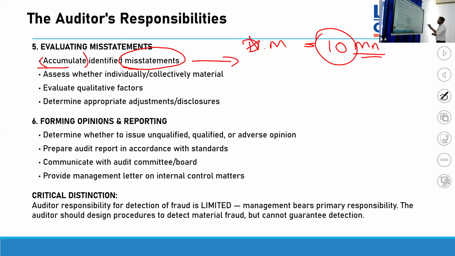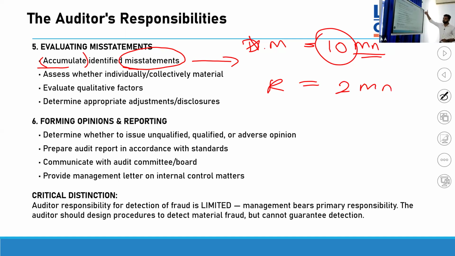So at the time of auditing, you have identified misstatements like this. There is a misstatement in revenue, which is around, let's say, 2 million. So this is immaterial.